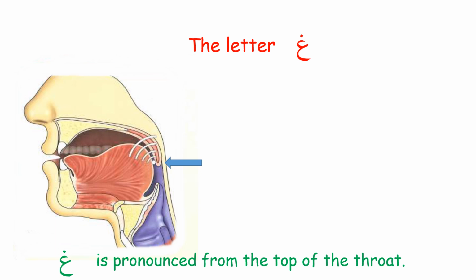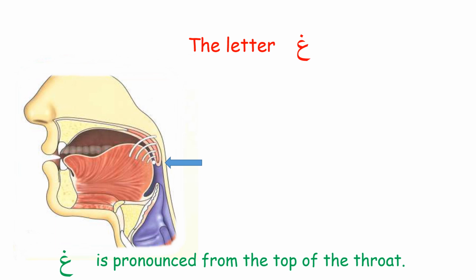Let's get back to the matter at hand, and I really need your full attention, please. This is the makhraj of the letter غين, and the first thing I would like to draw your attention to is that since the beginning of this series, we have started at the bottom of the throat and worked our way up.